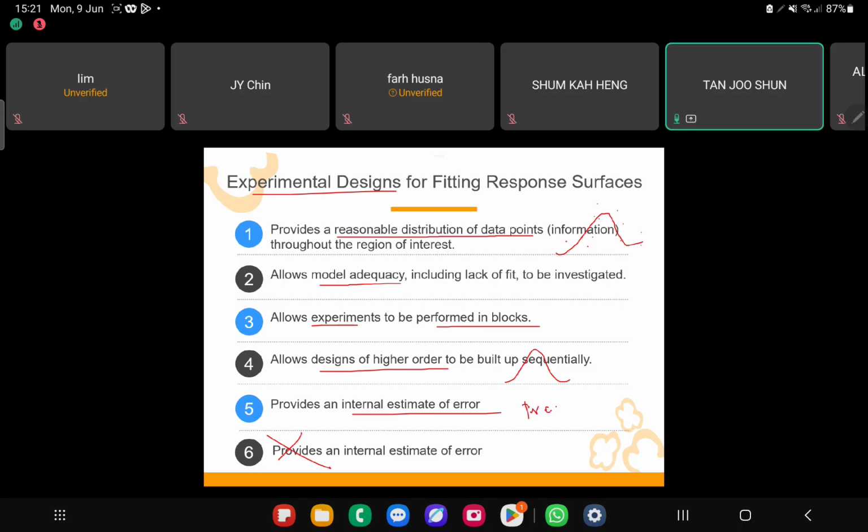In the ANOVA, do you remember when you calculate the sum of squares error? With the three-level factorial design, you can calculate the internal estimate of error.